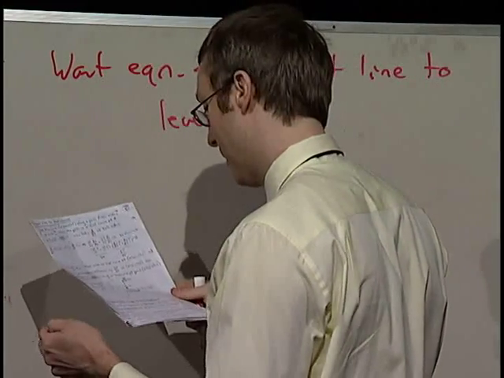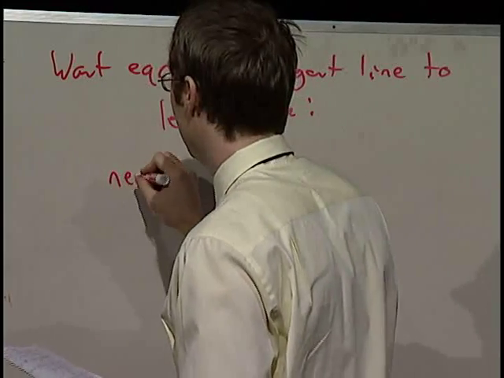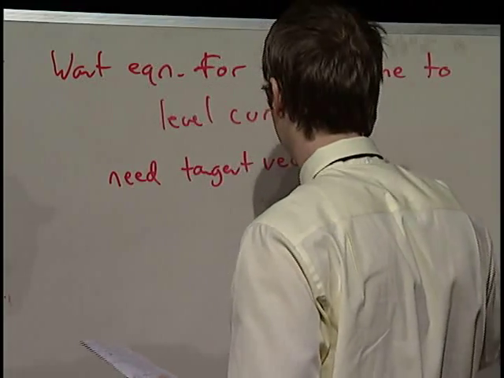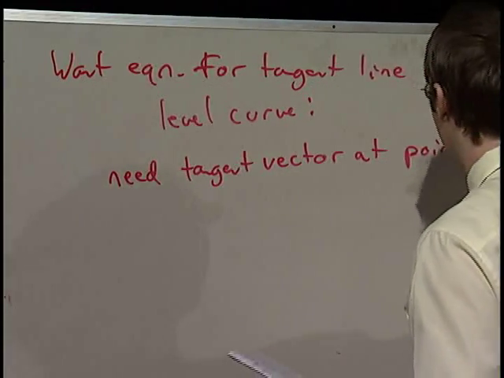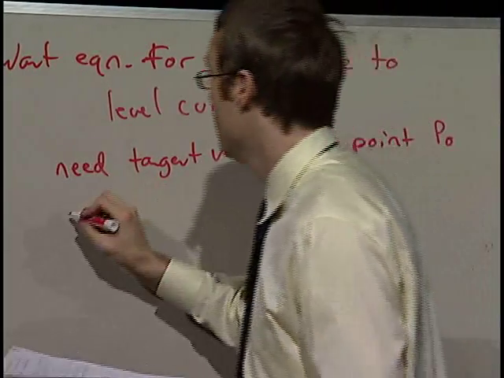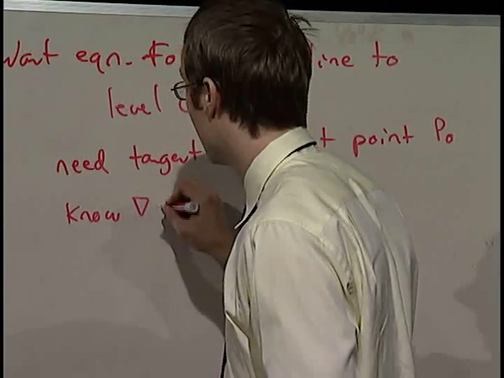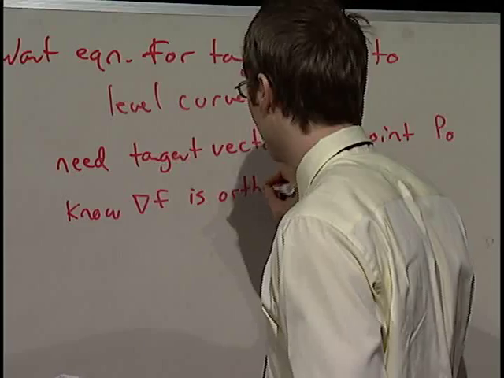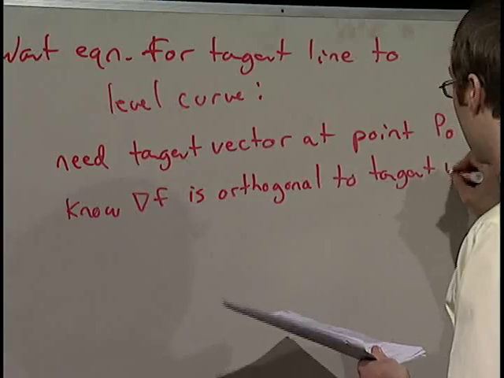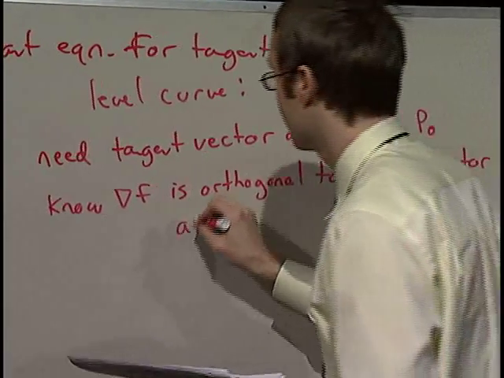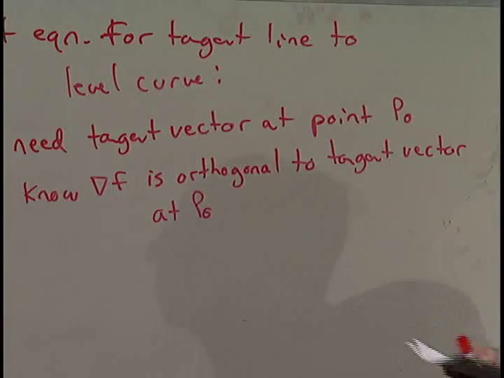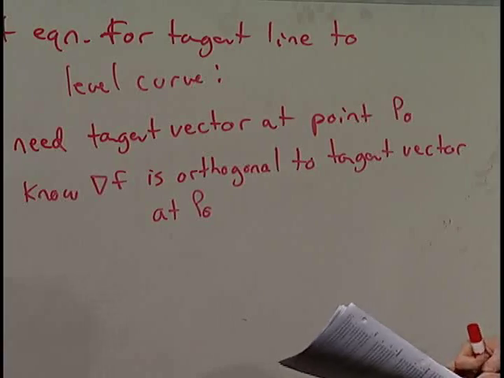Okay, so we need the tangent vector at a point p naught, right? Well, we don't have it, but we do know grad f is orthogonal to the tangent vector at p naught, right? Okay. So let's see here. So we have a point.